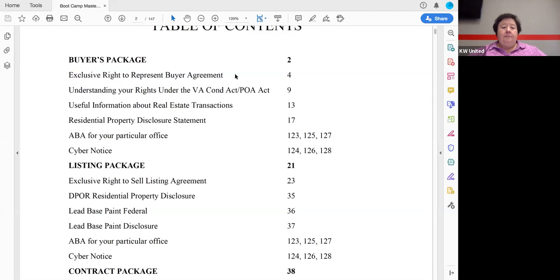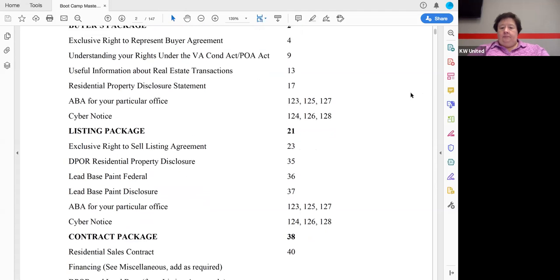Okay, so here, we've worked on the exclusive right. A few things that I noticed that I was not aware of in Command: when you put in KW Falls Church or whatever the broker's, Fredericksburg or Kingstown's, on page 1, let me go to that page so you guys can see it.